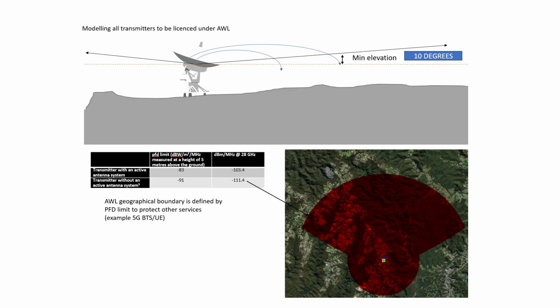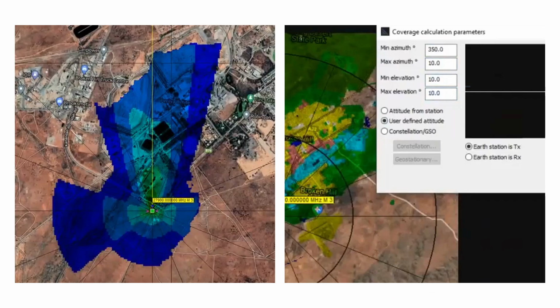Finally, it cuts off the emissions following the PFD limits, as you can see here. These PFD limits will be applied to the footprint, and then based on the footprint we can establish the license boundary required. So this is a practical and realistic use case.